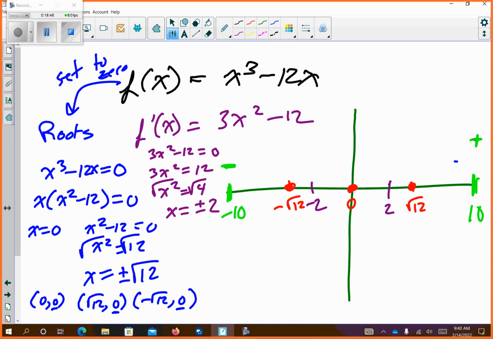Way to the left, it's negative. Way to the right, it's positive. Something's going to happen in the middle. Okay, so maxes, mins, and points of inflection are what? What's the slope at each of those?